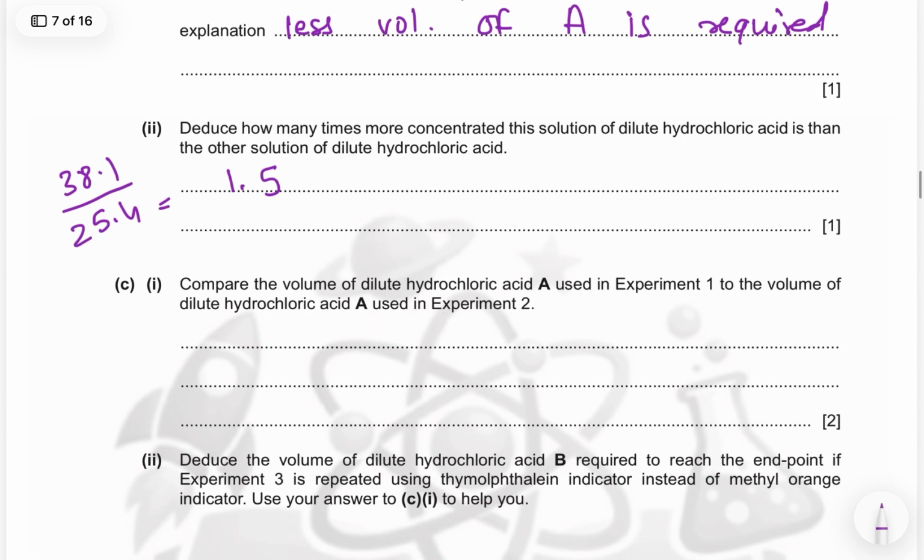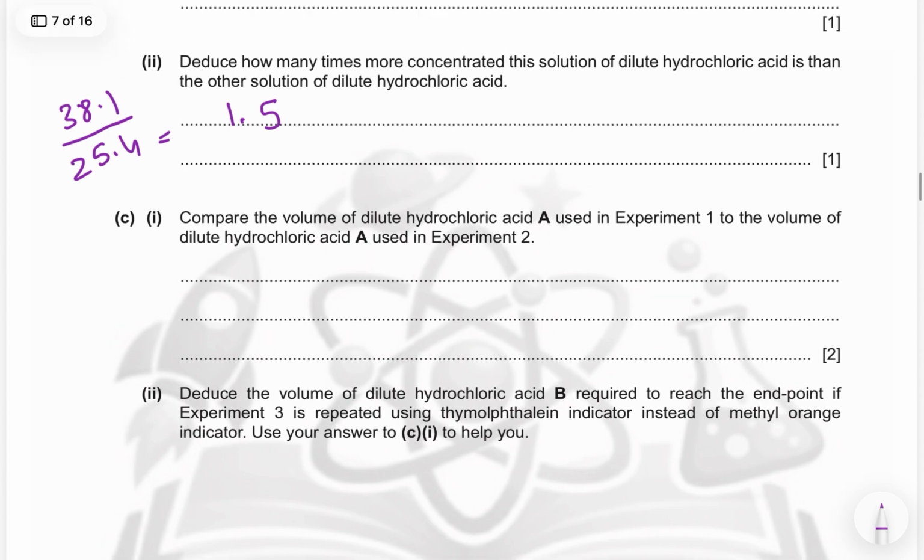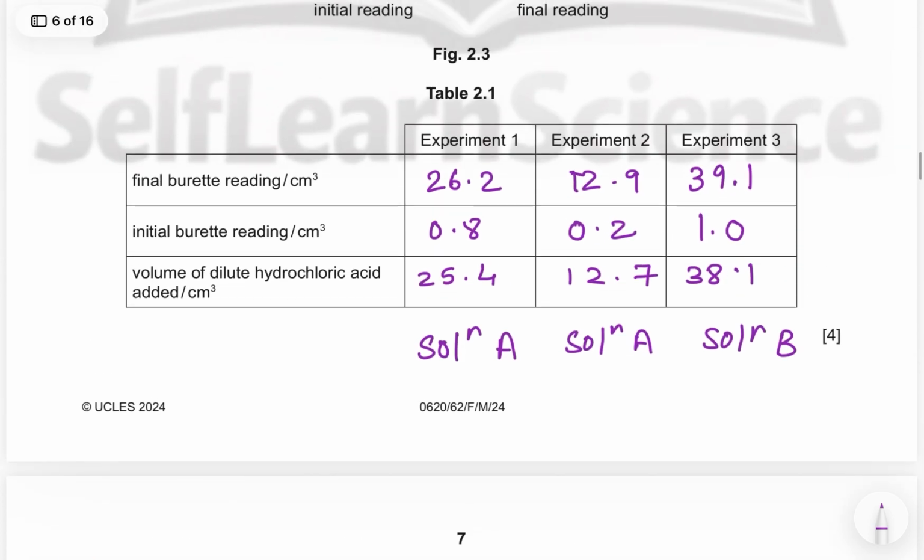more dilute. Next, compare the volume of dilute hydrochloric acid A used in experiment 1 to the volume of dilute hydrochloric acid A used in experiment 2. So as we know that in experiments 1 and 2, in both the cases they have used solution A. But you see that the final values of hydrochloric acid required are totally different, because the indicators used in experiment 1 and 2 are also different.